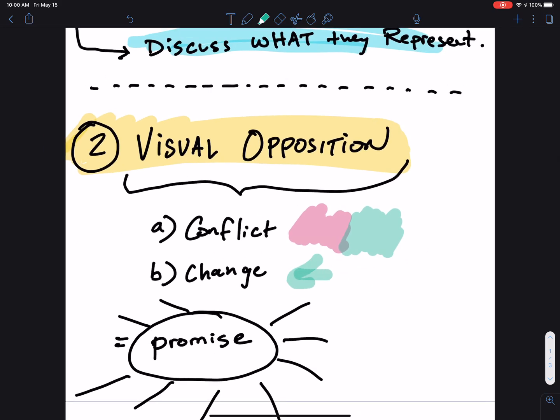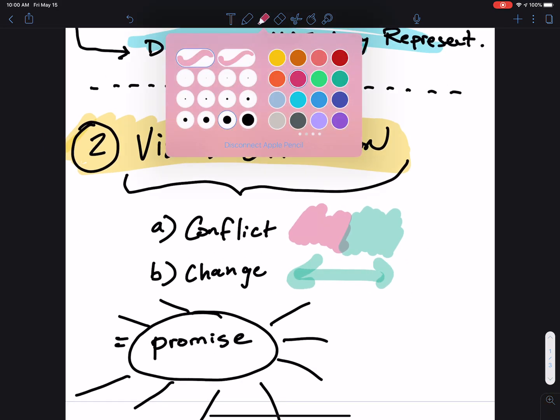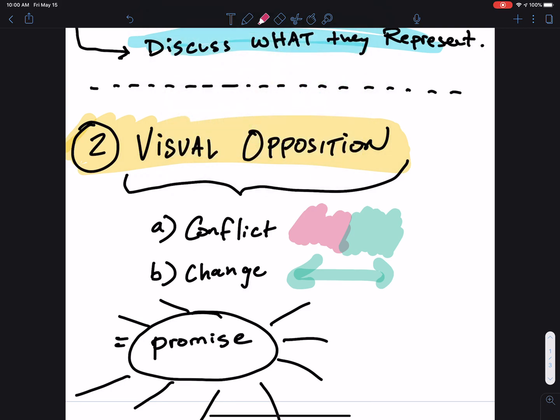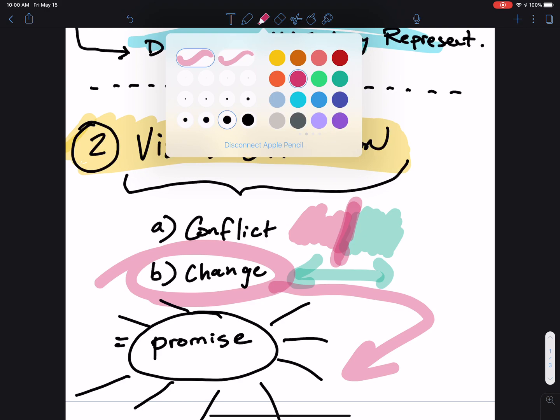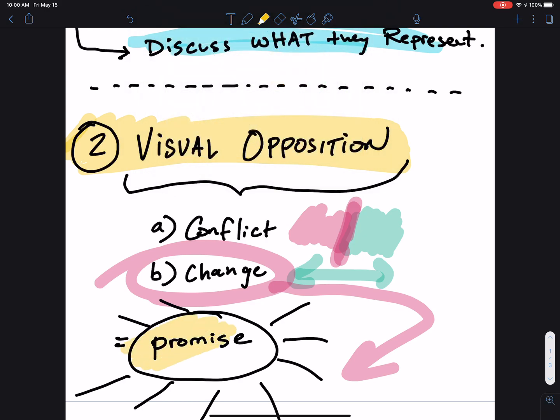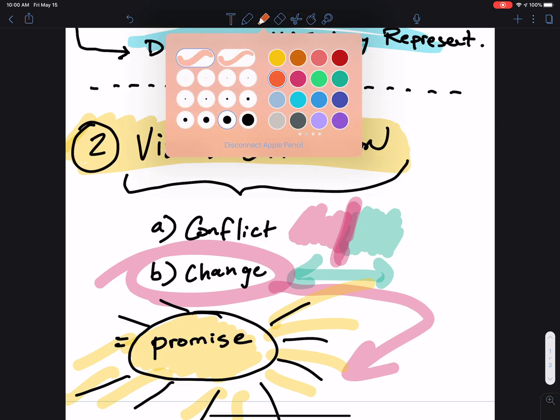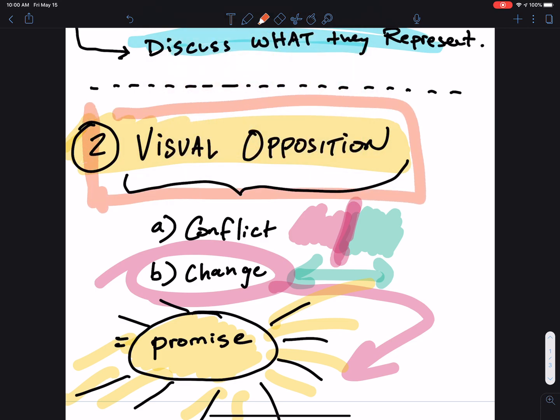That in itself creates a conflict and a visual tension that represents a change, right? And it is the change in yourself that represents your promise, right?